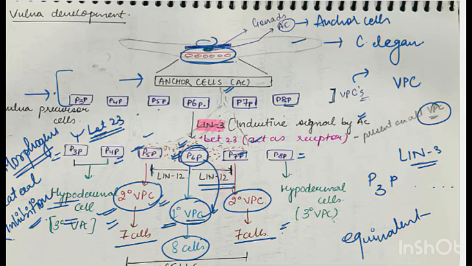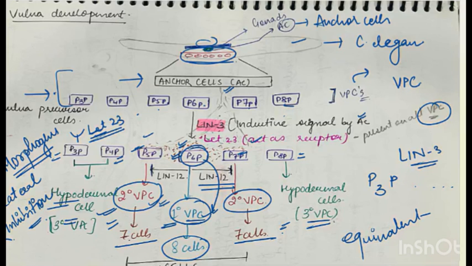That is known as your tertiary VPCs. Okay, so primary VPC via P6.p, secondary via P5.p and P7.p, and P3.p, P4.p and P8.p give rise to the tertiary one, which is going to form the hypodermal cells. Right? Remember how this occurs.